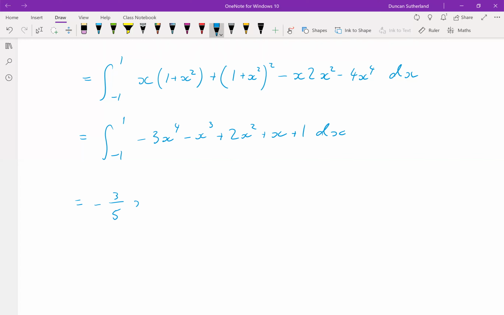Minus 3/5 x to the fifth minus 1/4 x to the fourth plus 2/3 x cubed plus 1/2 x squared plus x. Between -1 and 1, you plug all that in, you get 32/15. All right.